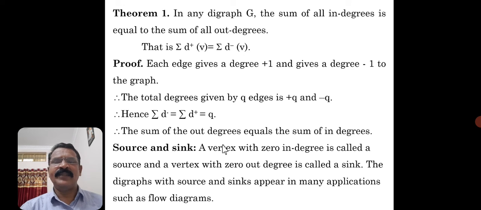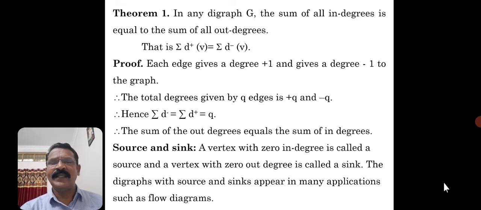If I consider any edge, definitely it will be incident out from one vertex and it will be incident into some vertex. Let the edge be equal to UV. Then that edge is incident out from U, and if it is out from U, it will be into V, isn't it? So it will be incident out from one vertex and incident into another vertex.